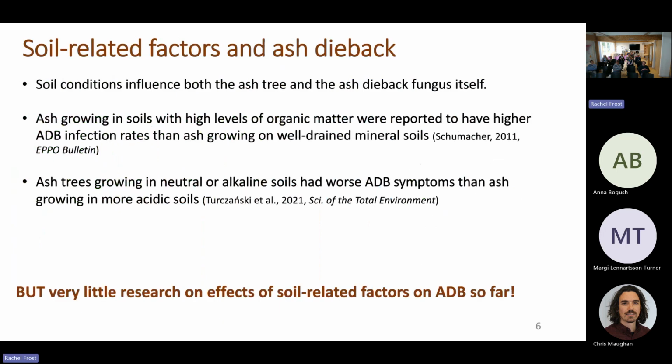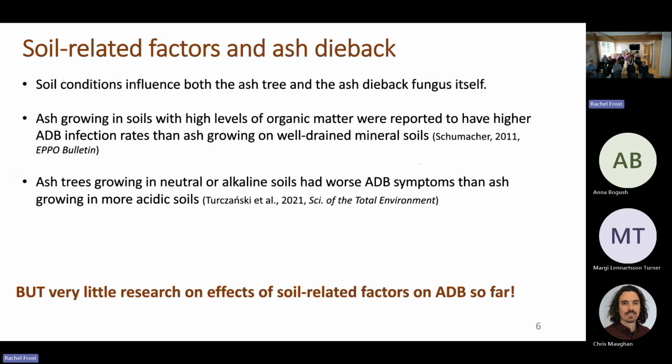Lovely, thank you. So thinking about soil-related factors and ash trees, so soil, of course, affects plants, and the ash tree is no different. But the soil conditions, the conditions on the ground, because the fungus is in that central leaf midrib that lands on the floor, the fungus is also affected by ground and soil conditions.